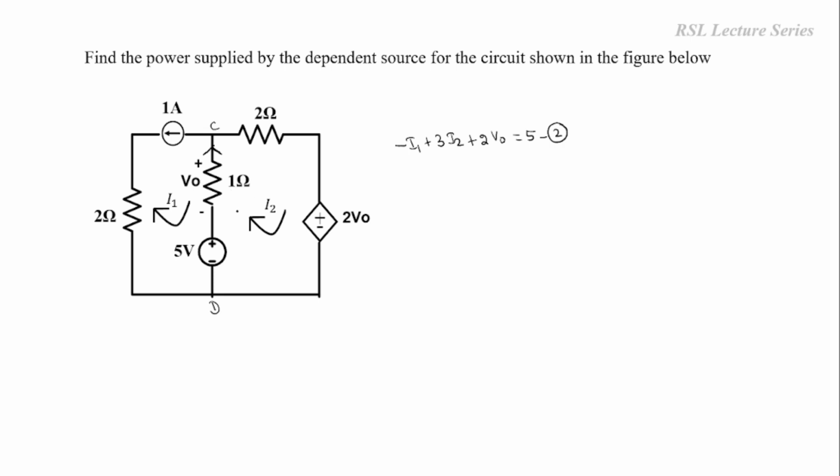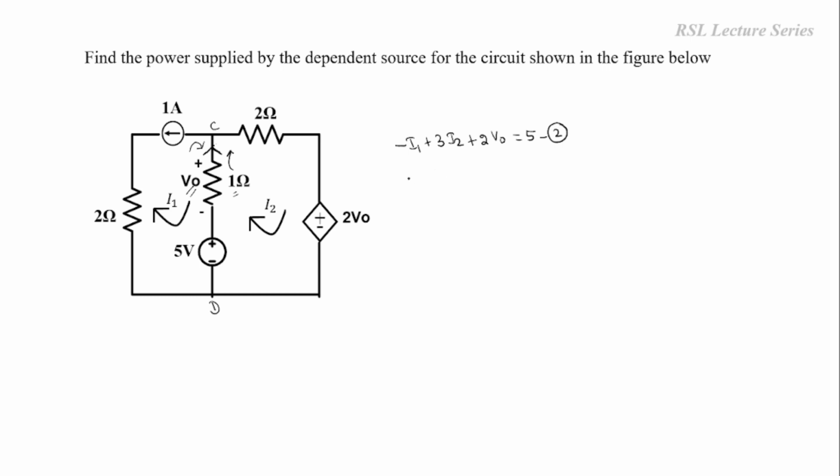or I2 minus I1. Now this branch direction is from D to C. This I2 is in the same direction, whereas I1 is in the opposite direction. So we have to consider the current flowing through this 1 ohm resistor as I2 minus I1. This I2 minus I1 multiplied by 1 ohm gives the V0 value.